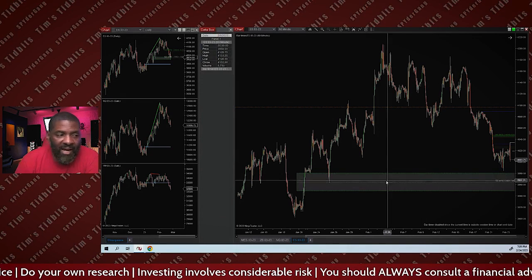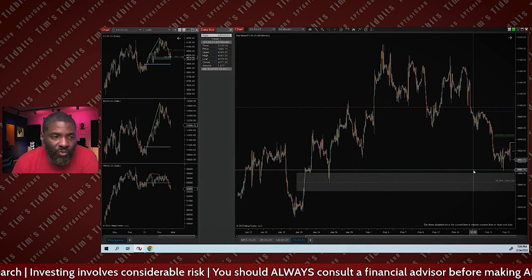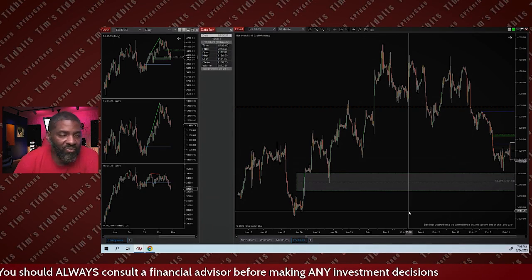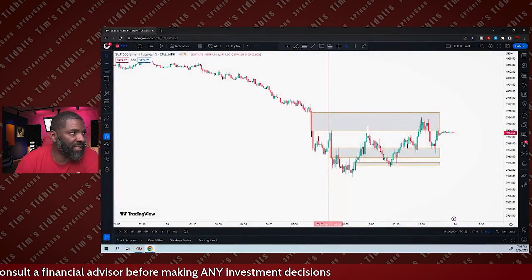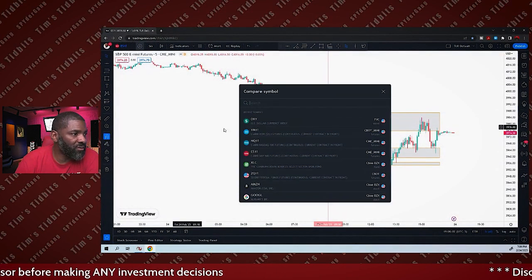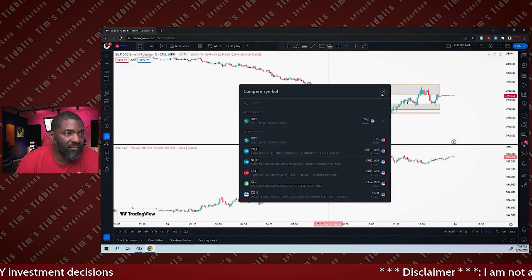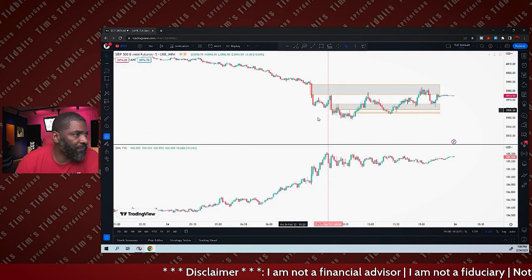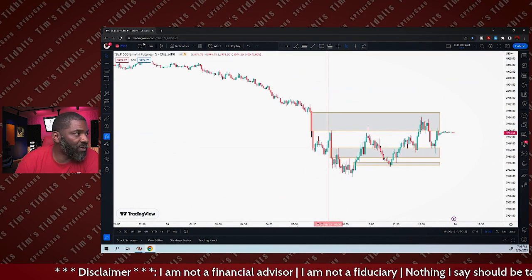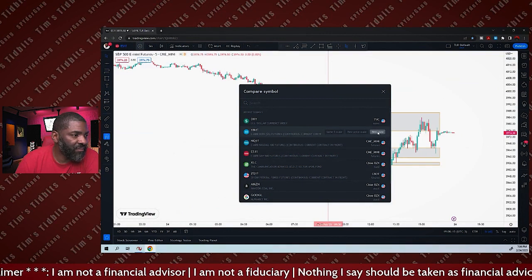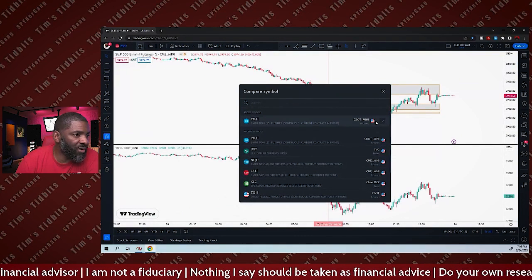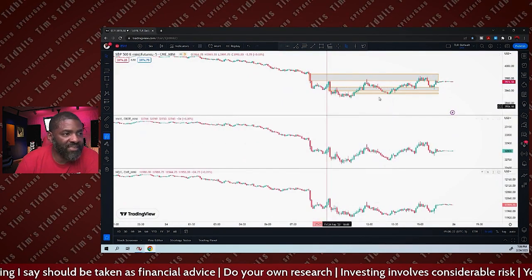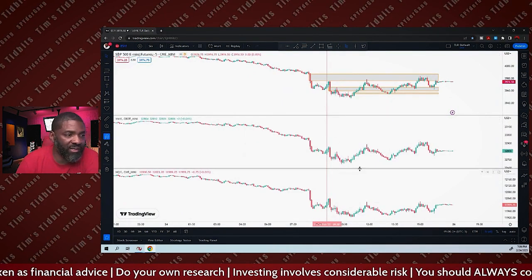So now that I know where it's going, that's when you start to put in all the other things he teaches, like looking for SMT divergence between correlated markets, right?